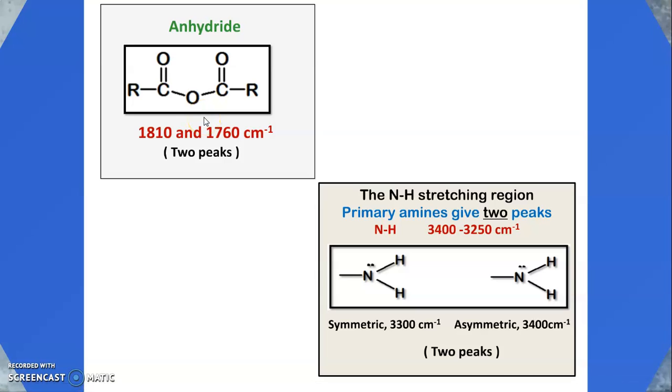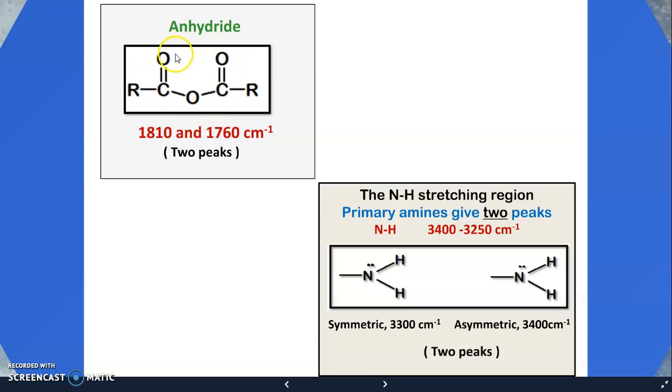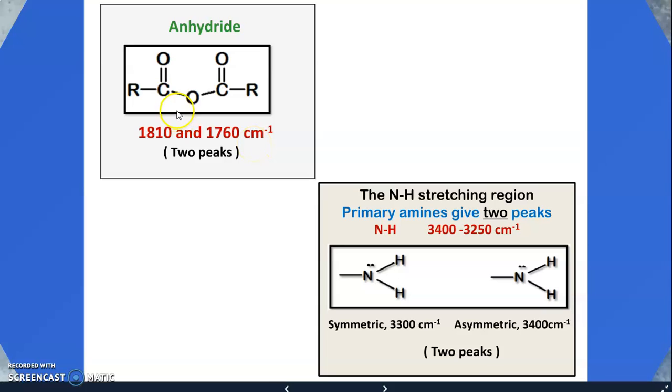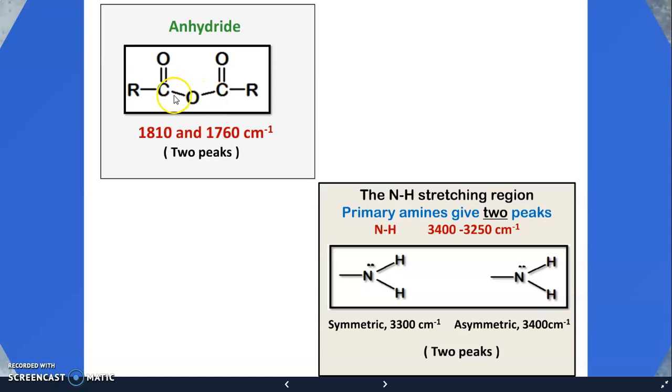This Fermi resonance is due to only the carbonyl group, and between the oxygens they shift their electrons, so that one peak is at 1810 and another peak at 1760. So the one peak is divided into two peaks due to the presence of the carbonyl group.